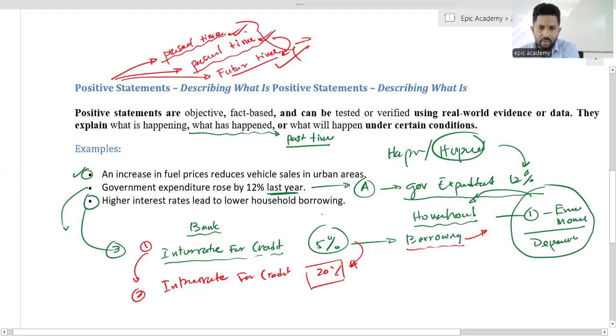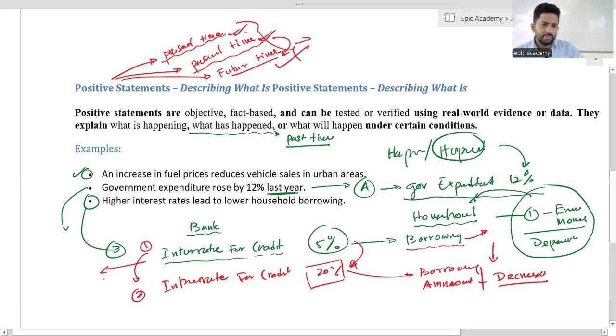So then what happened? The borrowing amount can be decreased because of the increase of the interest rate. Increase of interest rate helps to reduce the borrowing amount. Yes, it can be reduced. Why?